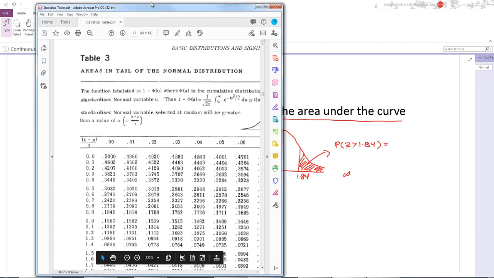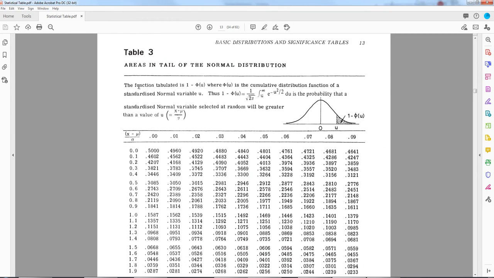So if we look here, the description of table number 3 says we are measuring standard normal distribution, and the values are greater, which means they are measuring to the right. So it shades the area to the right.